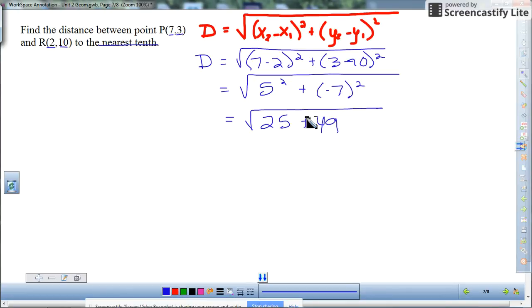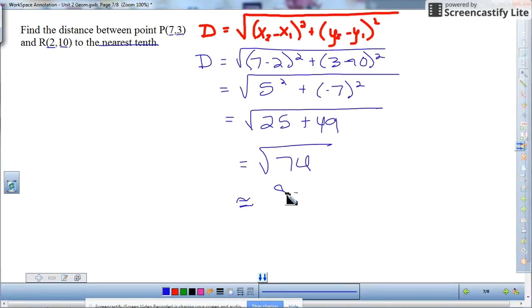And then when I add together the 25 and the 49, I'm going to get, bring down our square root symbol, the square root of 74. Now I have to find that, it wants us to round to the nearest tenth, so let's find our square root. And I get, and I'll put the little squiggly equal sign, that means approximately 8 point, and this is kind of writing out a lot of my answer.